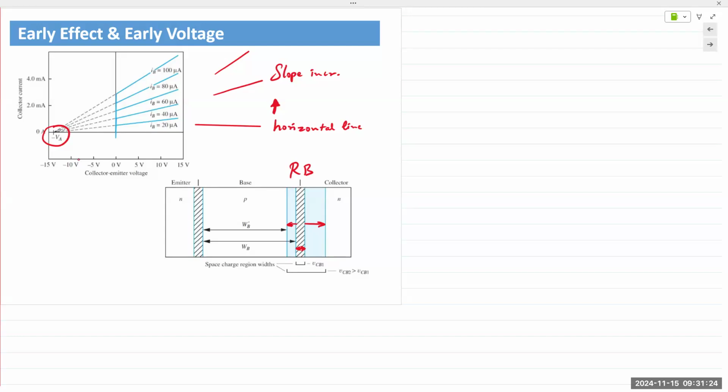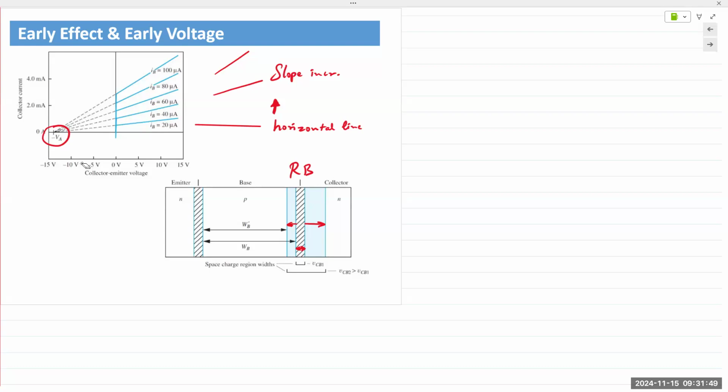The transit time decreases, collector current increases, and because collector current is increasing, you see this exaggerated slope right there. If the collector current didn't increase, you would have a flat line like an FET characteristic. Okay, so the base region shrinks, collector current increases, and we see the early effect.